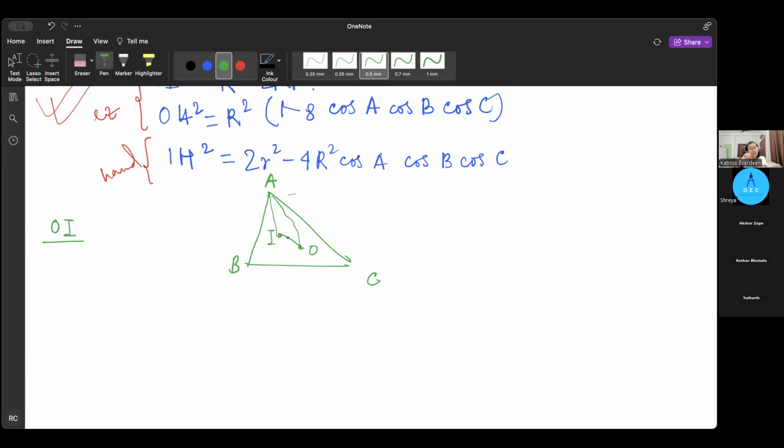Can anybody tell me what angle IAO is? I want to find angle IAO.